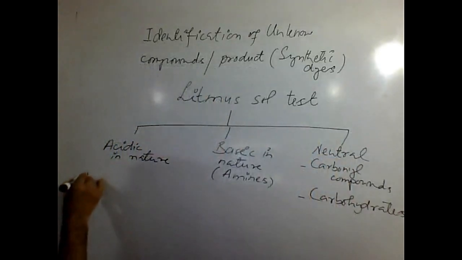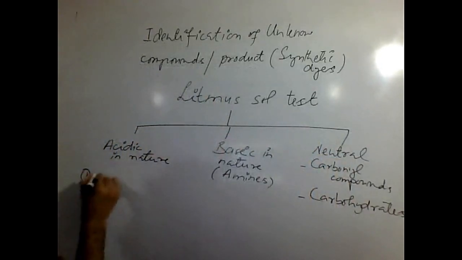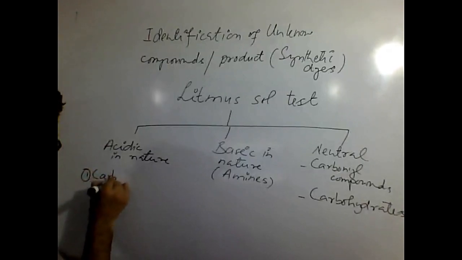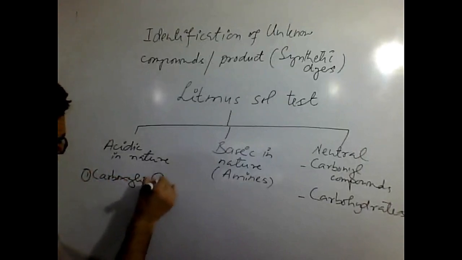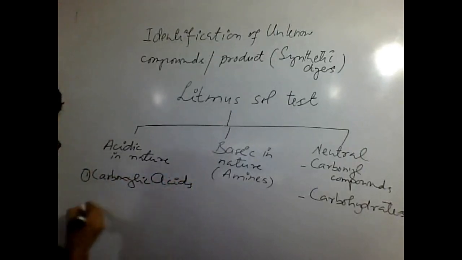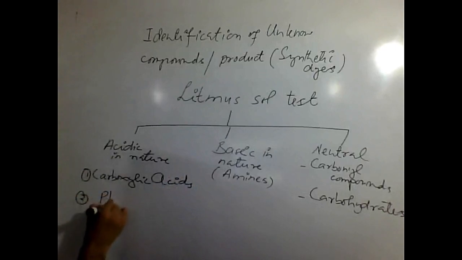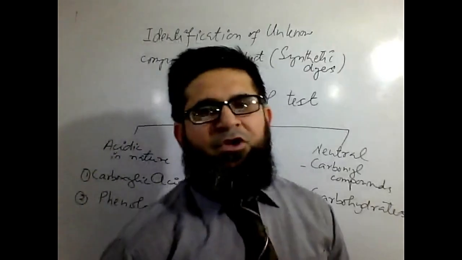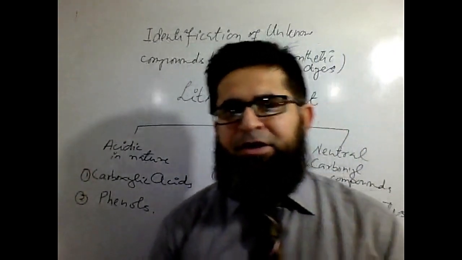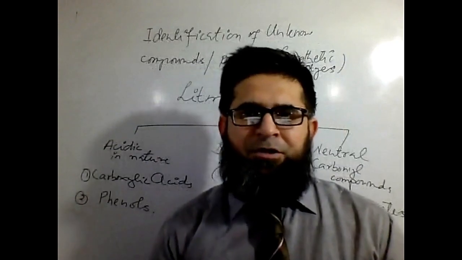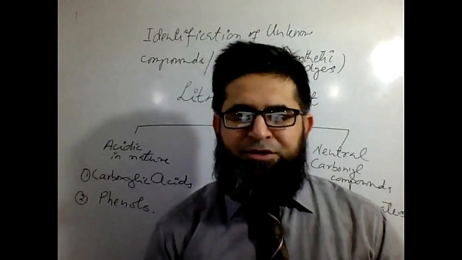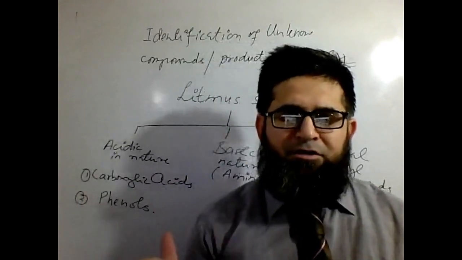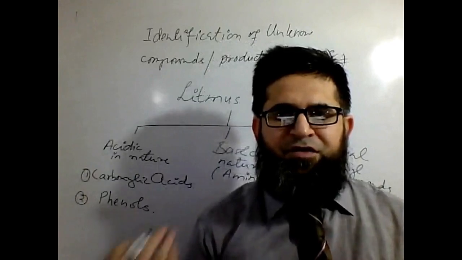They could be, number one, either carboxylic acids, or they could be phenols. Once you fall in acidic category, it can be either a carboxylic acid or a phenol.